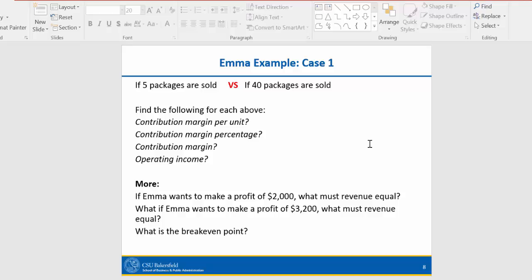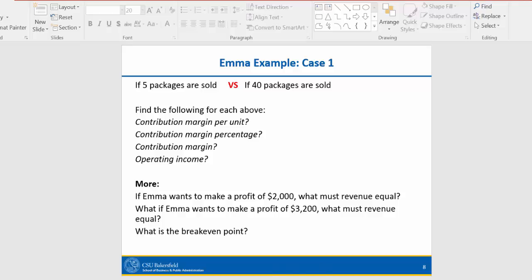After that, we're going to explore what the master revenue equals if Emma wants to make a profit of 2,000, what it equals if she wants a profit of 3,200, and what the break-even point is. These are very basic but fundamentally important questions in this chapter. I hope you practice enough to be familiar with those formulas and know when to apply them.